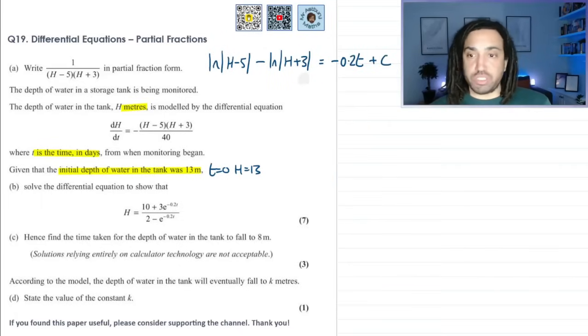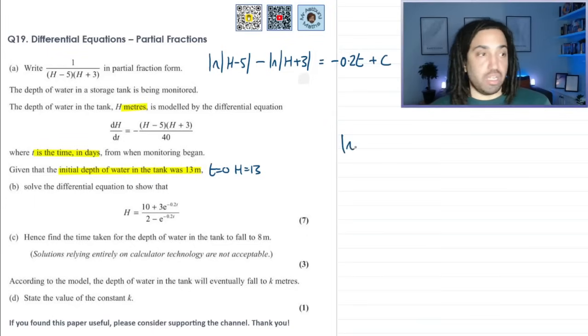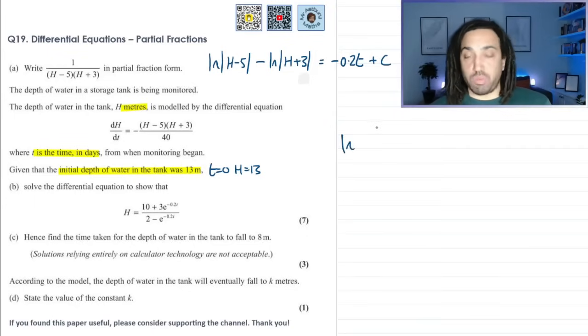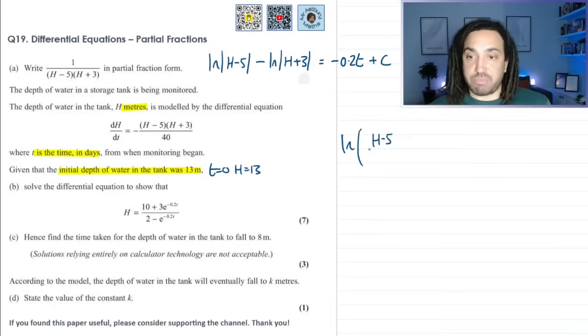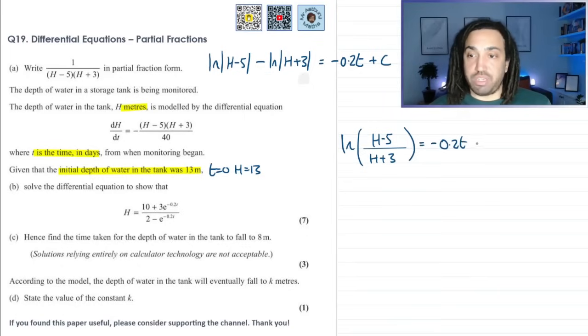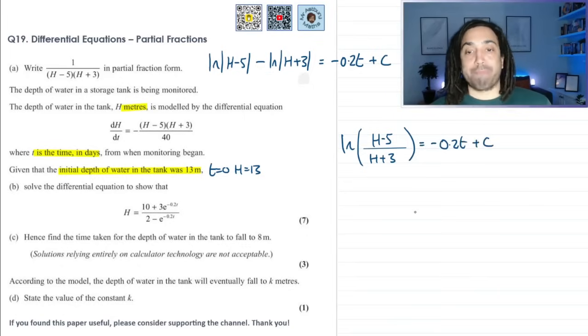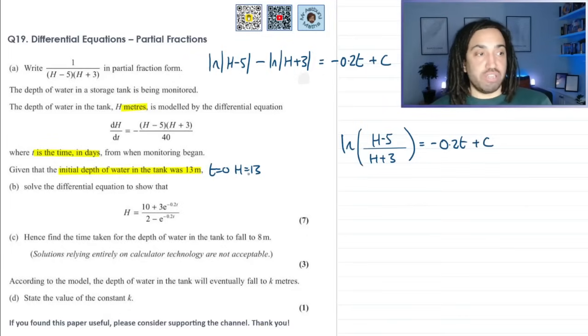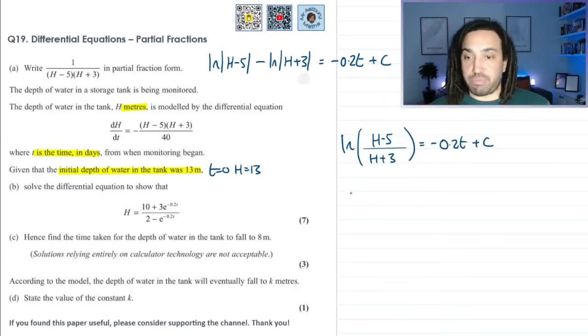Okay, so I'm just going to combine those two lns, because when we've got one log minus another, we can write that as log of, in this case, h minus 5 on top and h plus 3 on bottom. I think that's just going to make things a little bit easier. And then we're going to sub in our conditions to find c. So we have t is 0, h is 13. So let's sub that in.